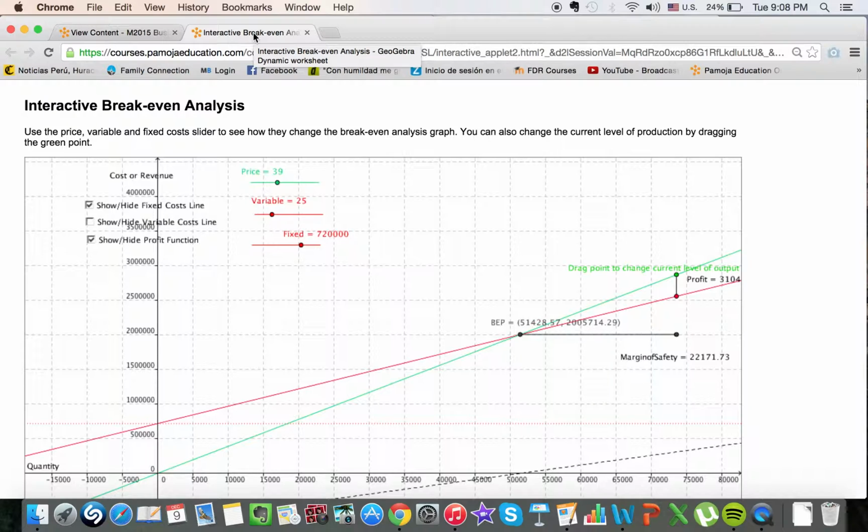Obviously, as a firm produces more output and is making a greater profit, the margin of safety increases because the profit increases. This can also be seen by the vertical distances between the green line and the red line. Furthermore, those are basically all the relationships that we can observe from these graphs.